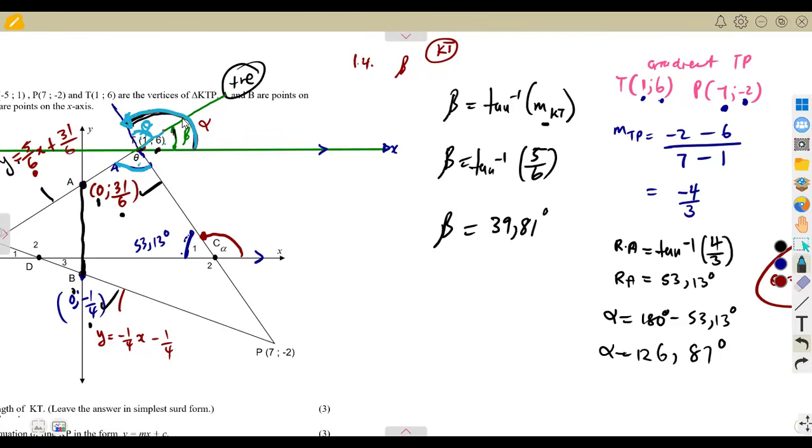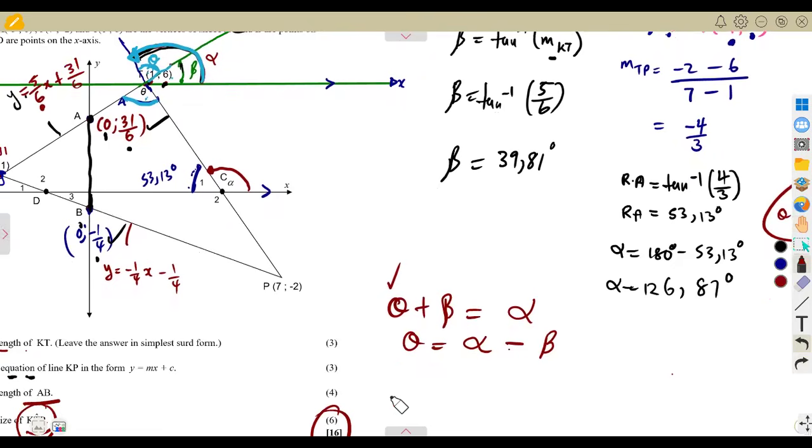This one, alpha, covers everything. So theta plus this beta is equal to the whole of this alpha, and we need to calculate theta. So the angle that we want is going to be alpha minus beta. All right, just like that.